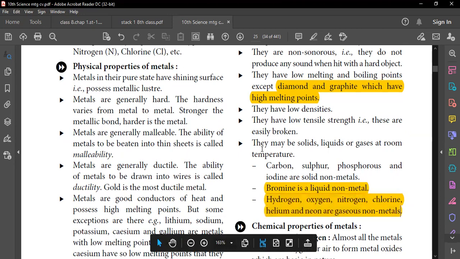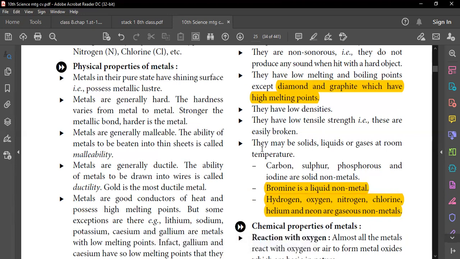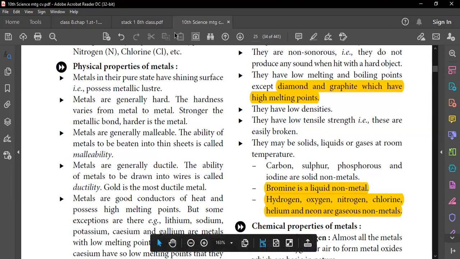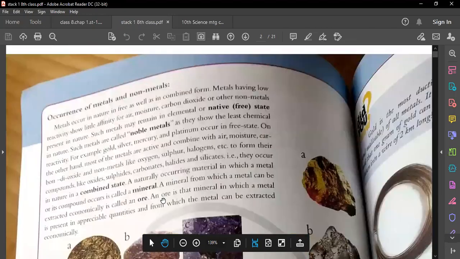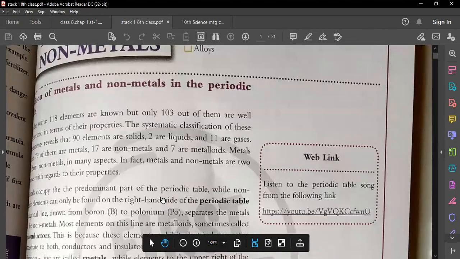Okay. Today's homework for you: first, you have to study all these things, whatever we discussed in the class. Apart from this, as I said, if you take the periodic table, what are the 17 non-metals?